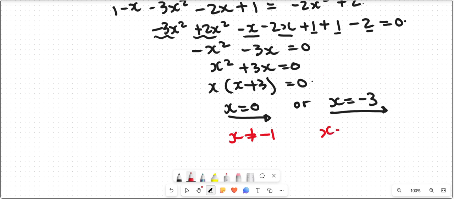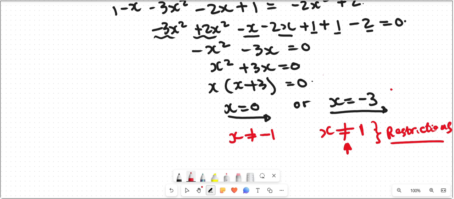And the other one is that x cannot be equal to a positive 1. So these are my restrictions. You don't have to label them as restrictions. As soon as you put the cannot be equal to sign here, we already know it's a restriction. I keep doing that for your benefit, but you don't have to. You could just state what they are.